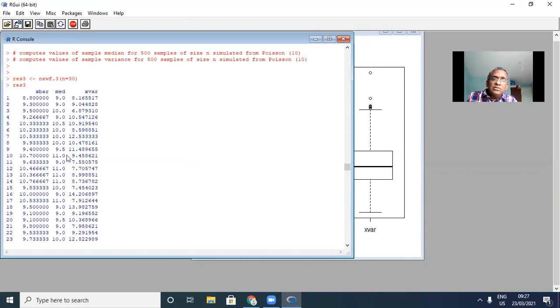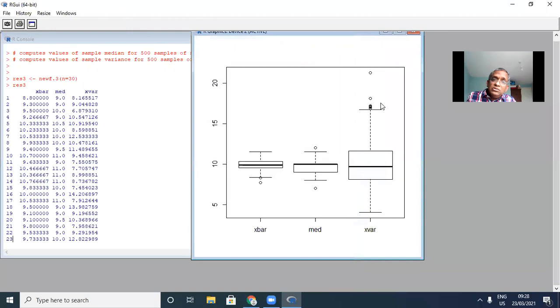So the values of the sample median are like 9, 9, 10, 9, 10.5, and so on. That's the reason the second box plot looks kind of weird compared to the other two.